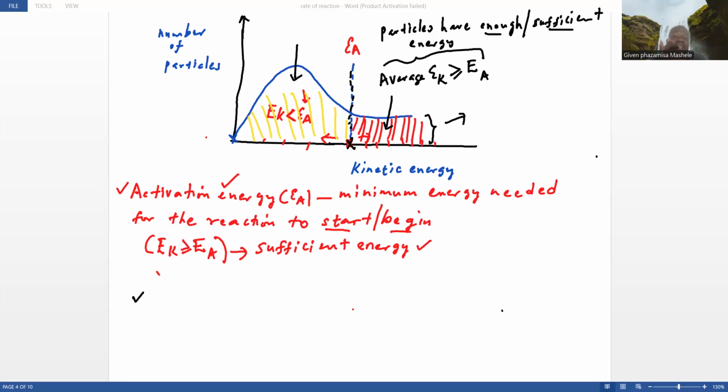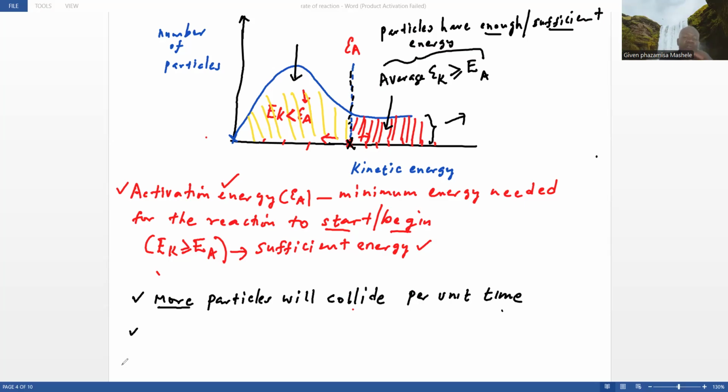So if particles are colliding with sufficient energy and correct orientation, more particles will collide per unit time. And if more particles are colliding per unit time, the number of effective collisions also comes into account.